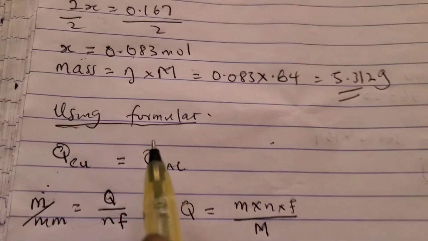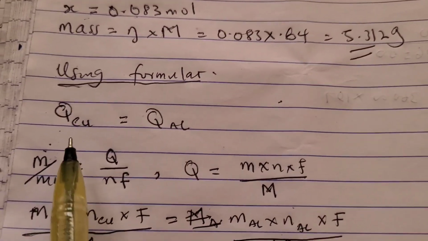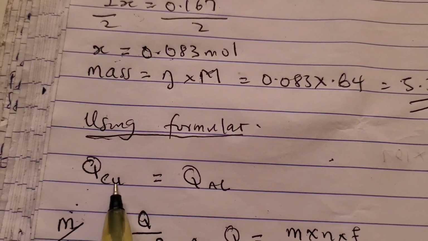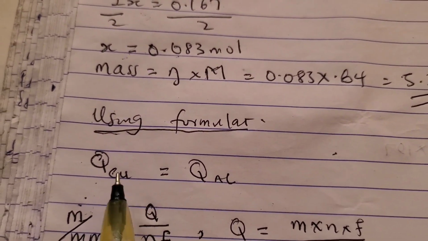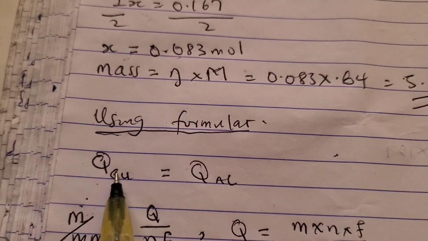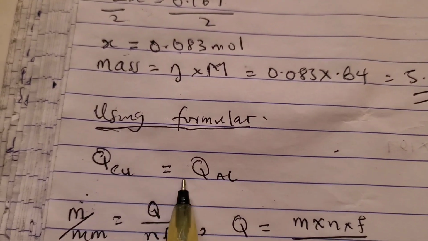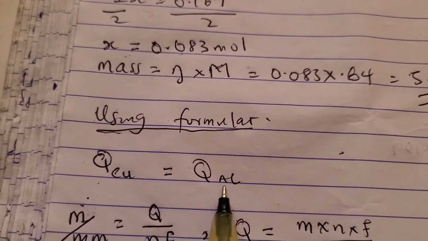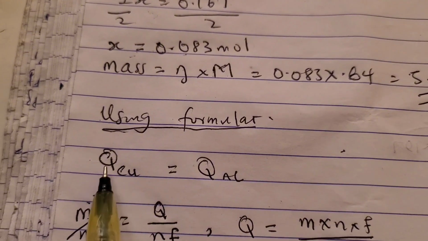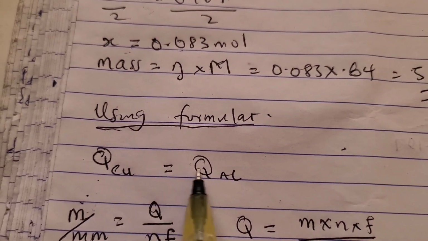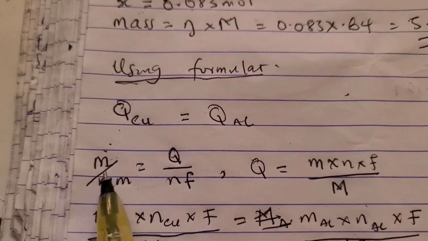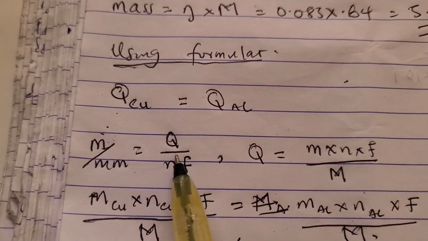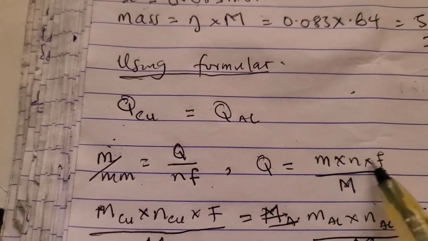Also, by using the formula, according to the question, the quantity of electricity used to deposit certain amounts of copper and aluminum is the same. So Q of copper equals Q of aluminum. You refer back to the formula, M over MM equals Q over NF, and make Q the subject.